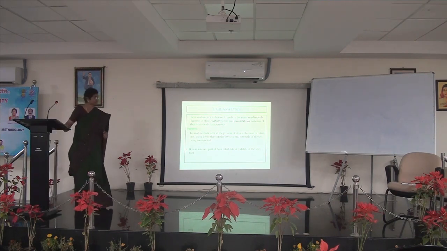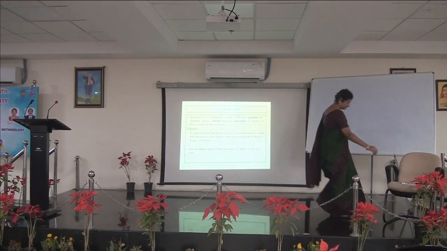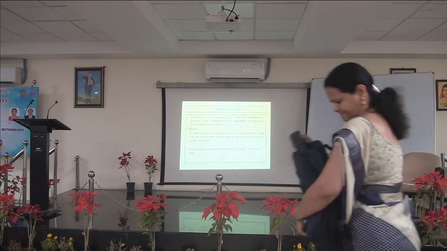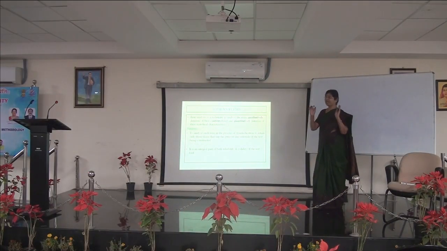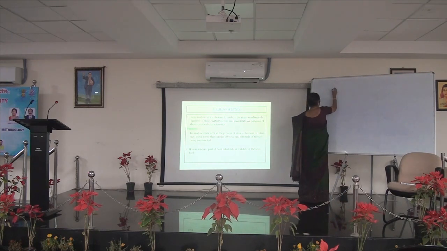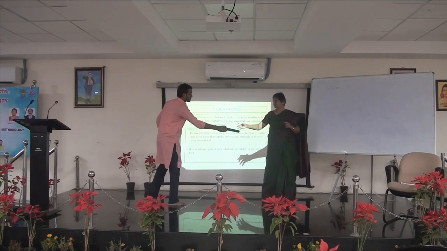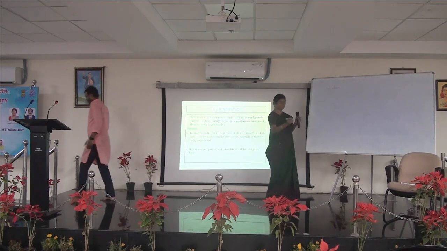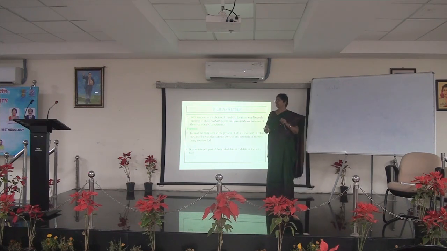See, take for example, you have prepared say some 50 items. Tell me a tool. Tell me any tool. Questionnaire. Attitude scale. An attitude scale, 5-point scale or 3-point scale.